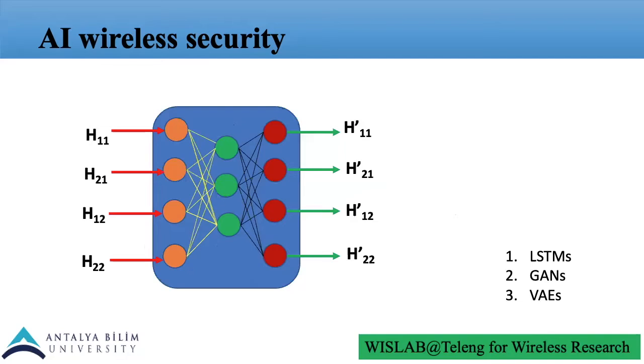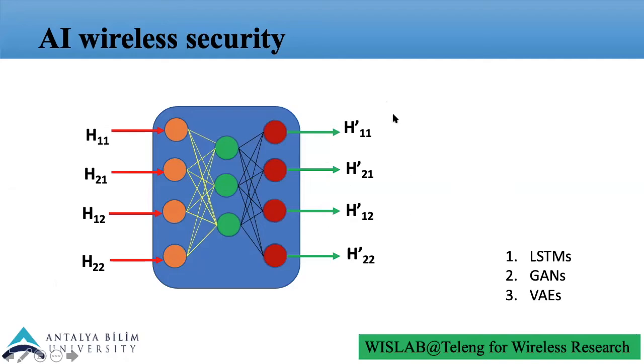Another potential method is, instead of getting our H all the time, where H basically stands for your channel, we can also try to improve the efficiency of this model by predicting the channel beforehand.